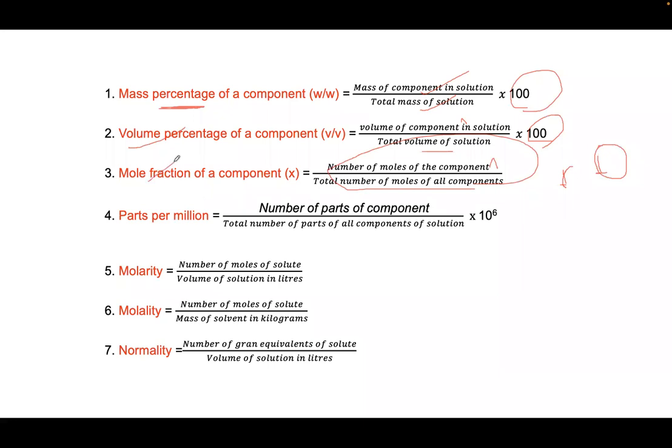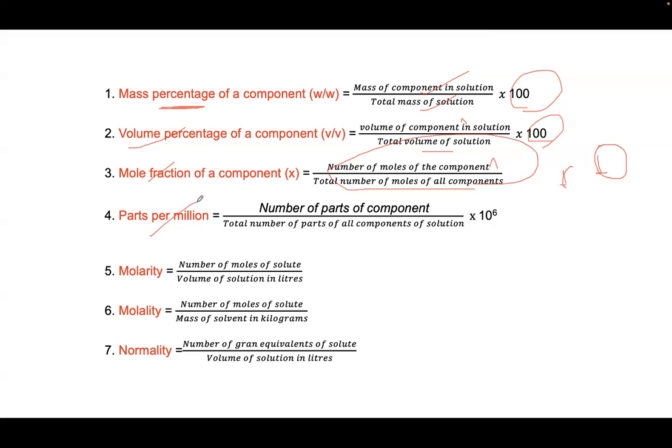That is the important point that you have to remember in the mole fraction concept. So if you have two components and the mole fraction of one is 0.2, then the second one would obviously be 1 minus 0.2, because there are only two components and the total mole fraction always remains 1. So mole fraction can be calculated in that way.